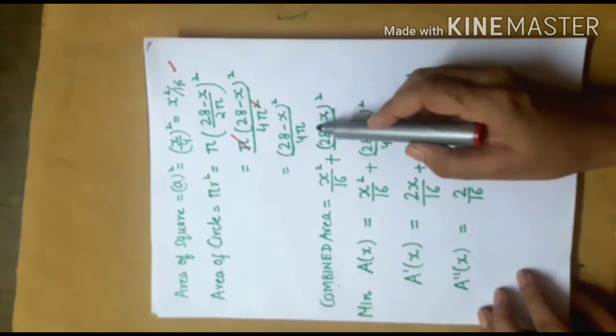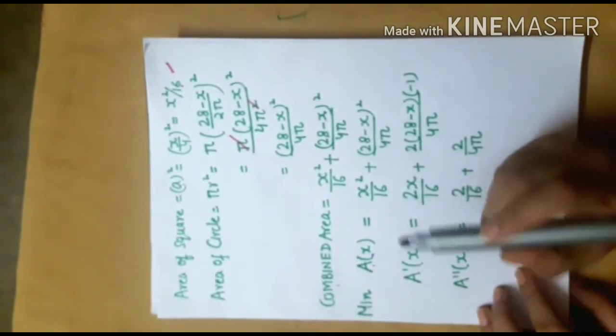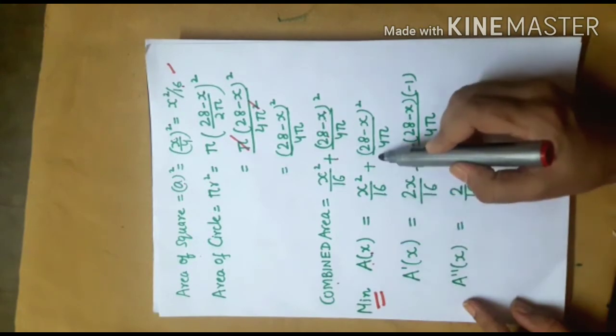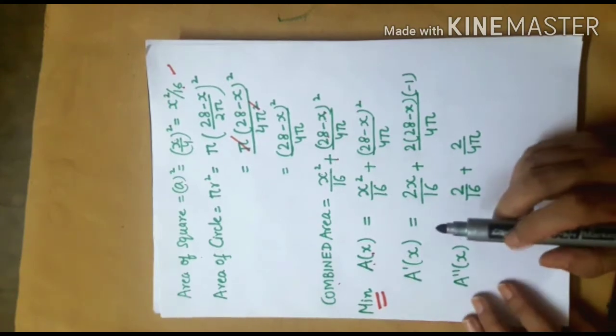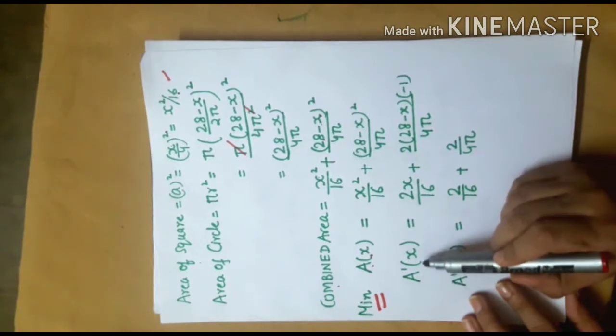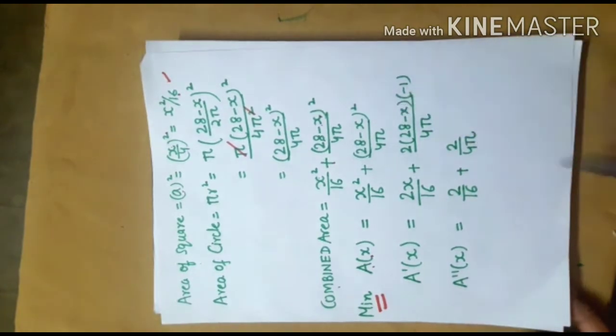Now you can see it is a function of x. So I denote the combined area as A(x). According to the question, I have to minimize this. So I'll find the point of minima, and for that I have to obtain the critical points. So I'll find the first derivative. I differentiate this function with respect to x.